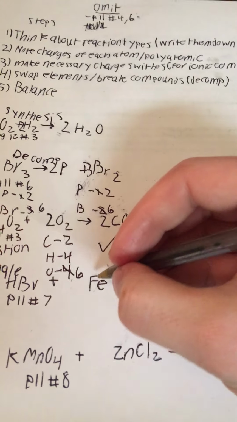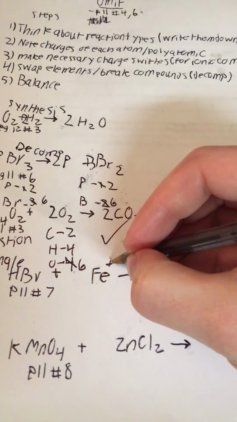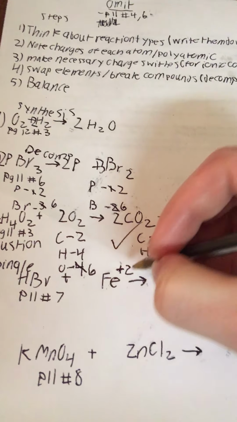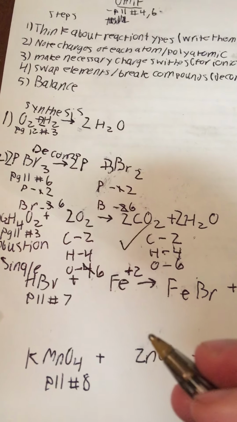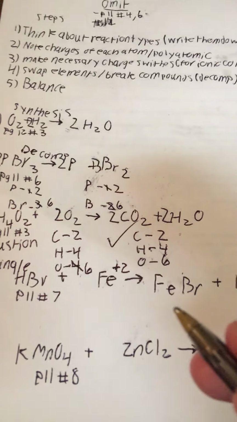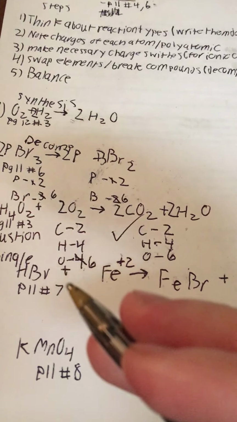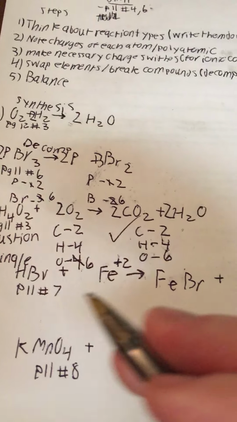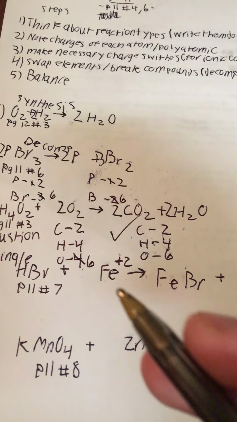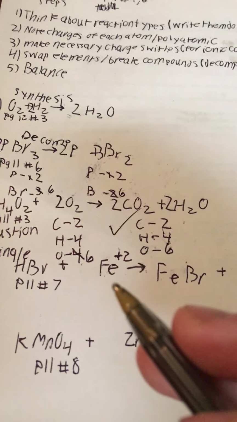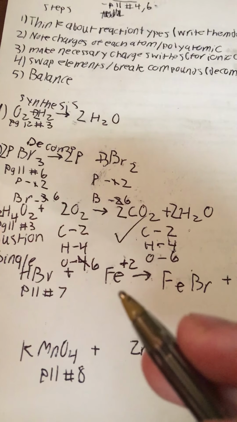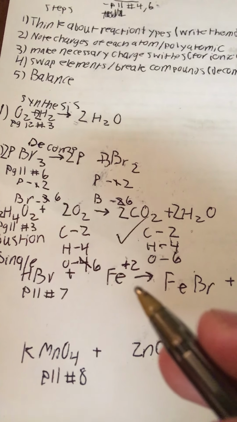On the Fe, come up here and write plus 2. Because I realized that when I was going through these problems, iron did not have a defined charge in the beginning of the problem on the reactant side. So that's why I wanted to do this one for y'all. So go ahead on your actual worksheet, write a plus 2 right there.